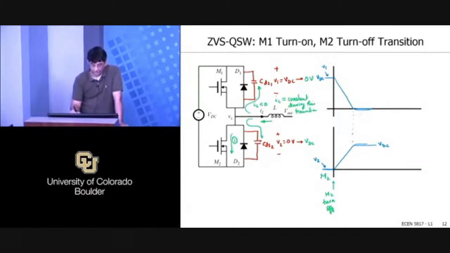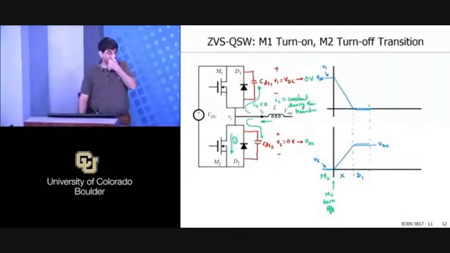and this is the point where then, again, we wanted to do this right, no device conducting, and then here you have D1 conducting, right? So now, once D1 is conducting, we have the opportunity to turn on M1, right?